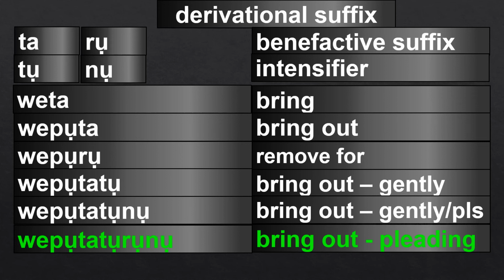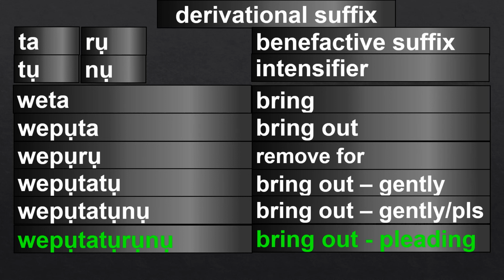these suffixes with our compound verbs, just like you can combine them with the simple verb roots. And note that the suffixes I'm showing you here are not verbs. So for example, when I say weta, weta is not a compound verb because the only verb there is we. Ta is not a verb. So this is not a compound verb.